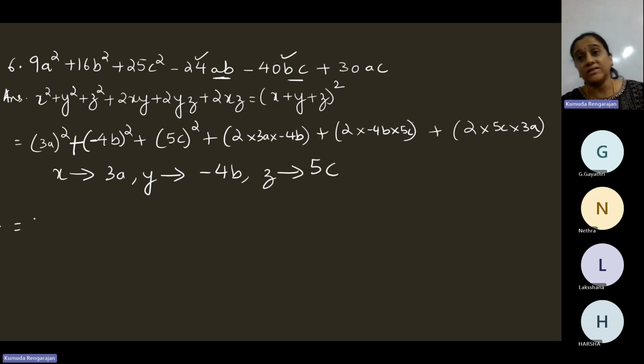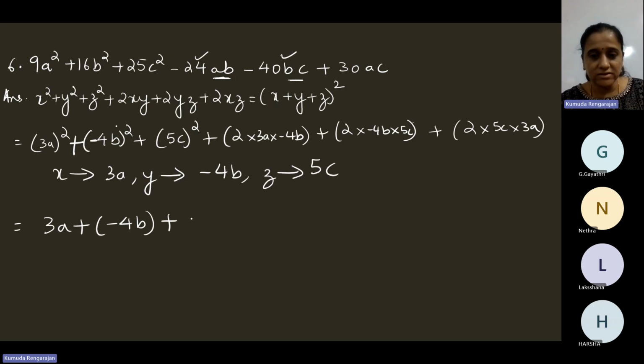So what's the answer? The other side of the identity is the answer. So far, we've been working on the question, convincing the teacher, like I have decoded the question and it looks like the LHS of the identity. Now the answer is the RHS: x plus y plus z the whole square.